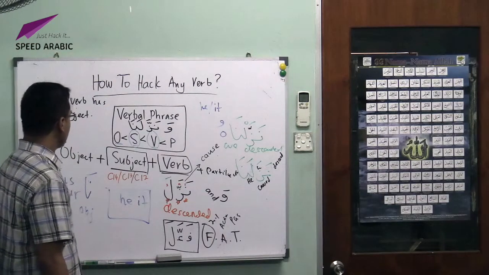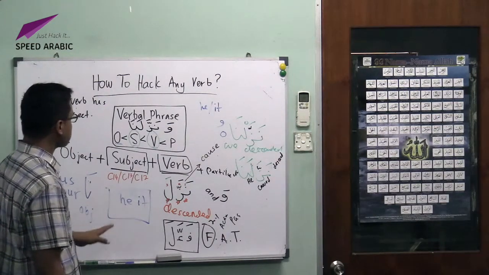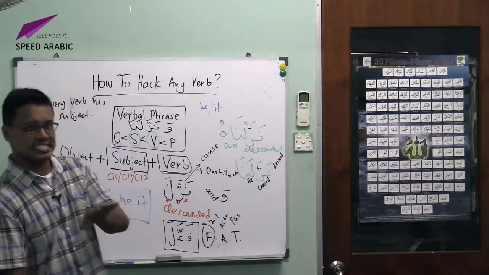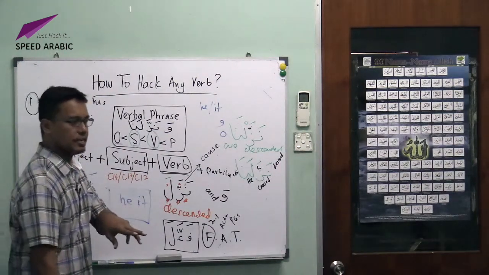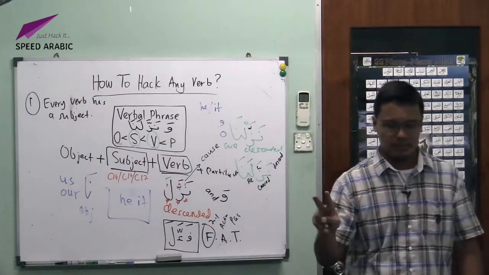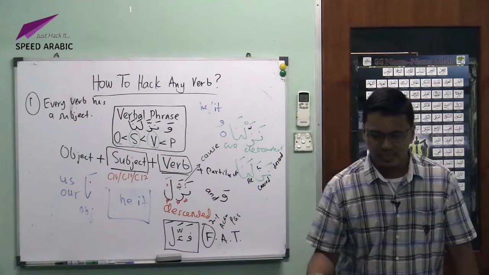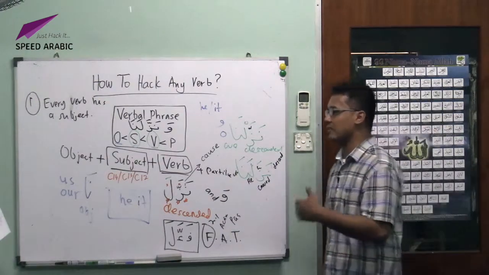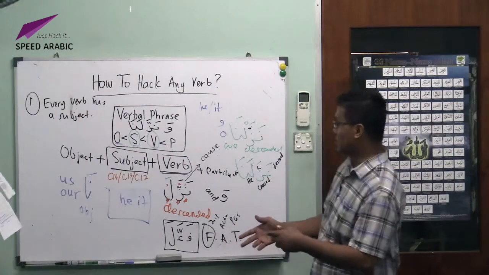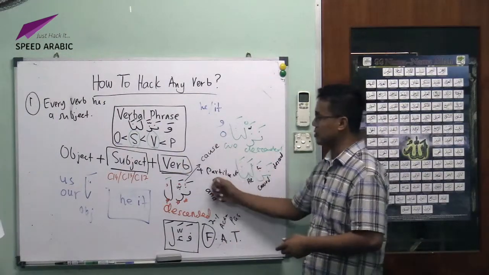Okay, so that is the explanation for what a verbal phrase means. A verbal phrase has to have two elements. What are they? Verb and subject. Okay, it can also have extra elements. What are they? Object and particle.